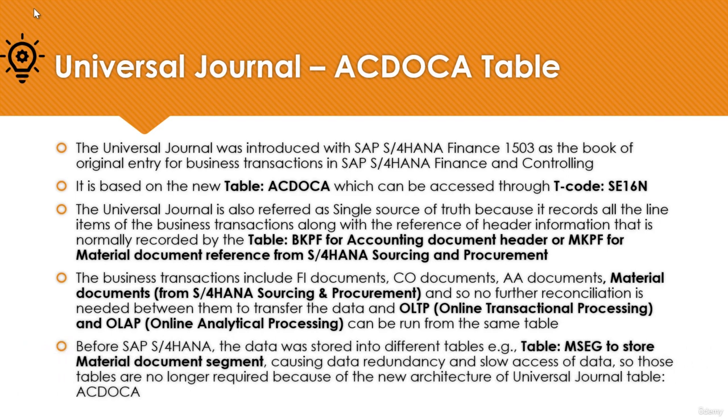Before SAP S/4HANA, the data was stored into different tables. For example, table MSEG to store material document segment, causing data redundancy and slow access of data. So those tables are no longer required because of the new architecture of Universal Journal Table ACDOCA.